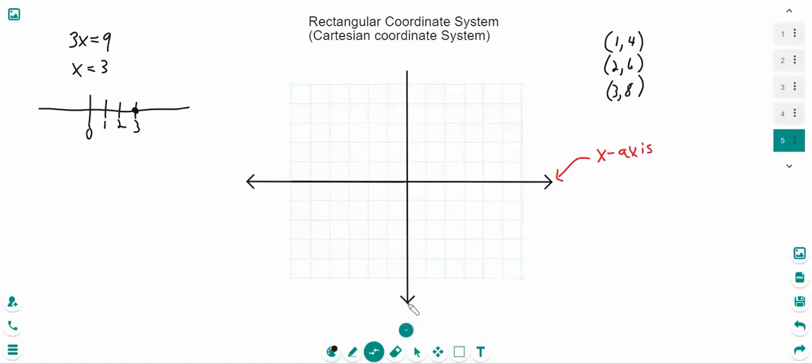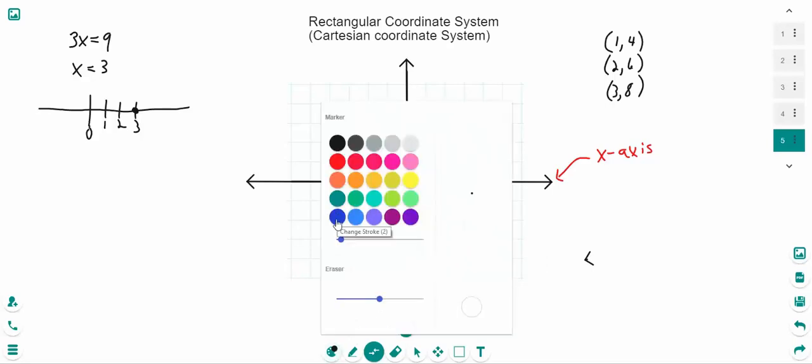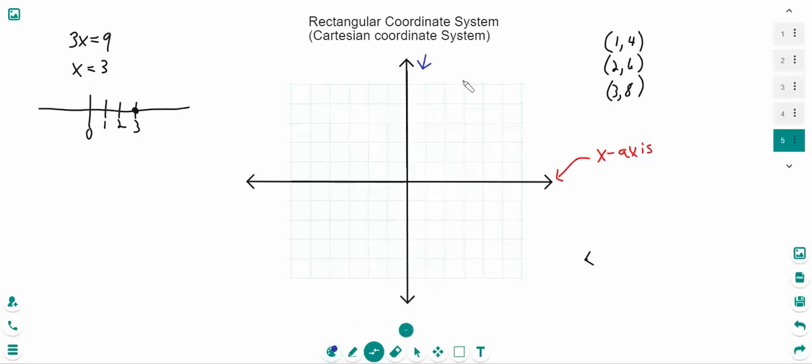And we've got this guy, and he's going up and down. That's pretty close. All right, so that is our y-axis. So for this Cartesian coordinate system, we have two axes, the x-axis and the y-axis.